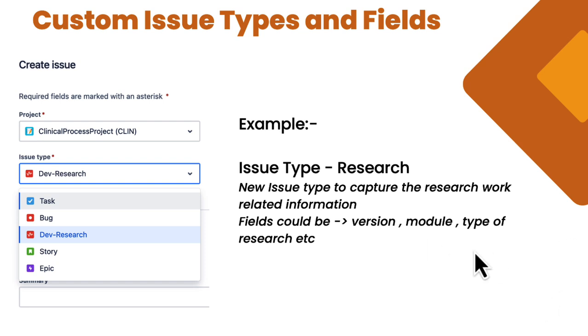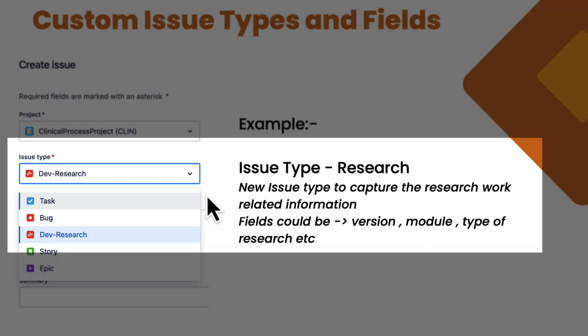To achieve this, consider creating a custom issue type, and in our case, I have given it the name Dev Research, which refers to development research. We can create a new issue type and associate it with our project so that we can capture all the relevant information about the research activities comprehensively.